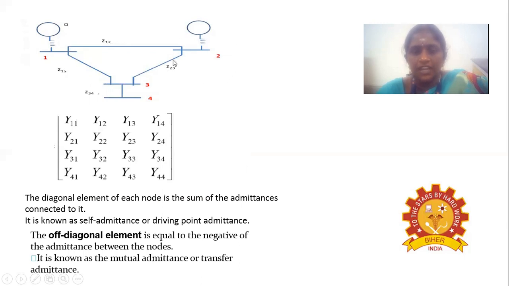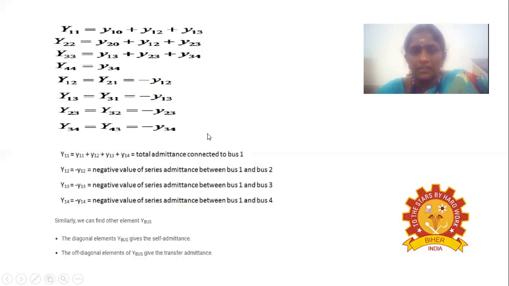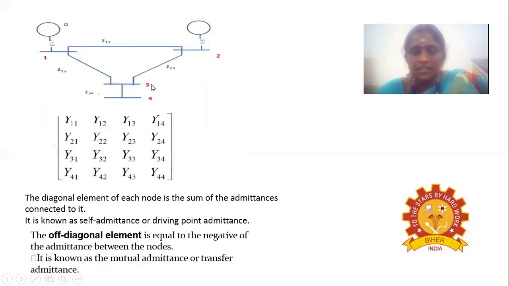Similarly, we have to calculate Y22. Y22 is the admittance of generator 2, then the admittances connected between bus 1 and 2 and bus 2 and 3. So Y22 is Y20 plus Y12 plus Y23. Similarly, we calculate Y33 and Y44. For Y33, two transmission lines are connected, Z13 and Z23.